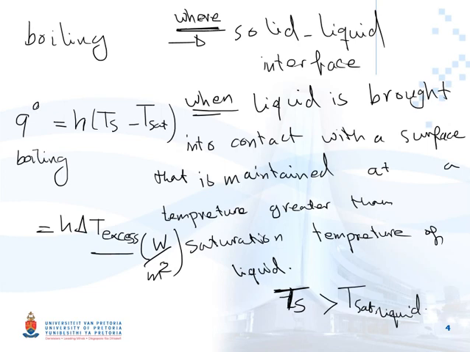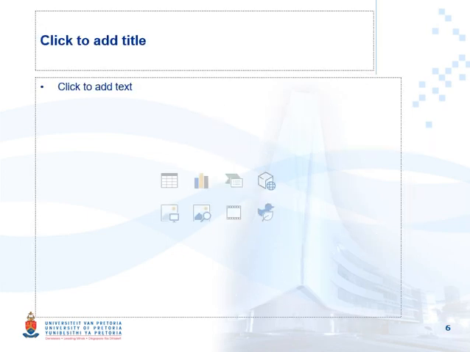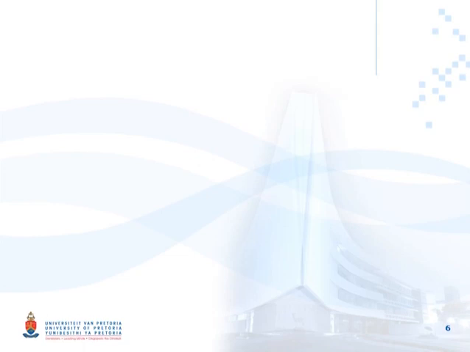Vapor bubbles, their existence and growth, depend on the excess temperature, the nature of the surface and thermophysical properties of fluid, like the surface tension. Let's write it down because it's very important to understand this concept.